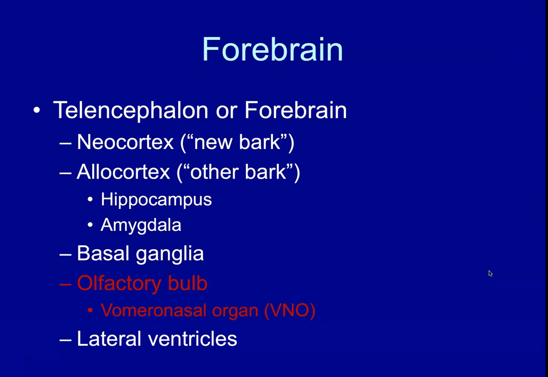They also talk about the vomeronasal area, which is a way that we pick up on certain signals from members of our own species called pheromones. That is also included in the forebrain area. And the lateral ventricles, which you've learned about before, the ones on the sides, are those cavities that are filled with cerebrospinal fluid, and they're also located in the forebrain region.